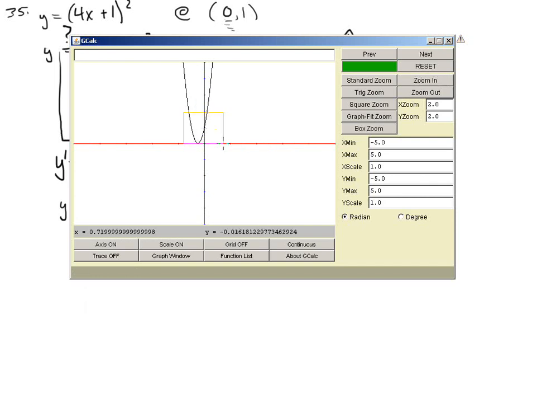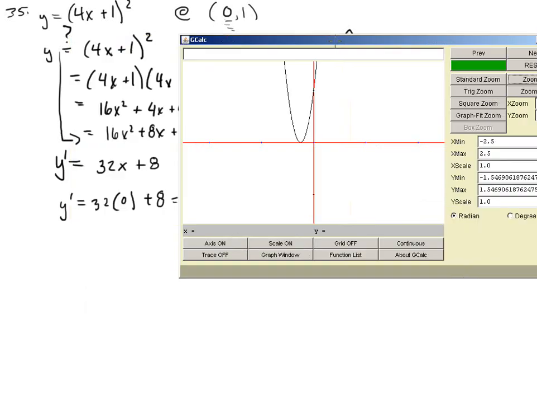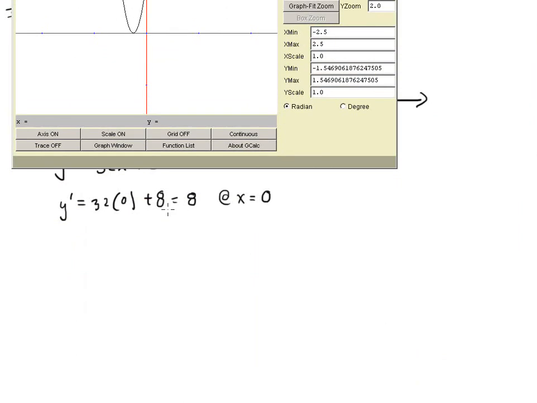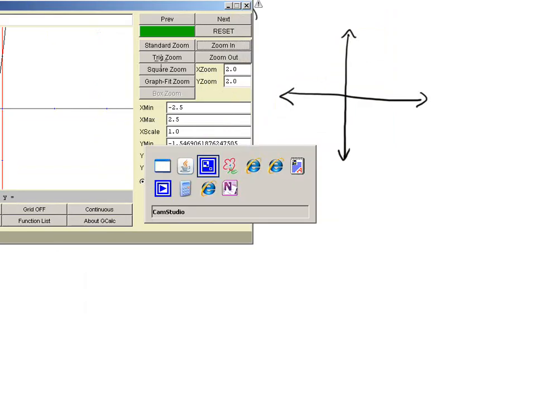As x gets to this value right here, we want a tangent line that goes through this point and matches the rate of change of the function for x equal to 0. The rate of change of the function should be a value of y prime equal to 8 at x equal to 0. So let's try to figure out what the equation of that line is.